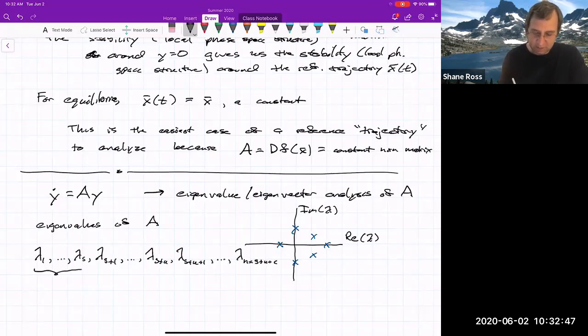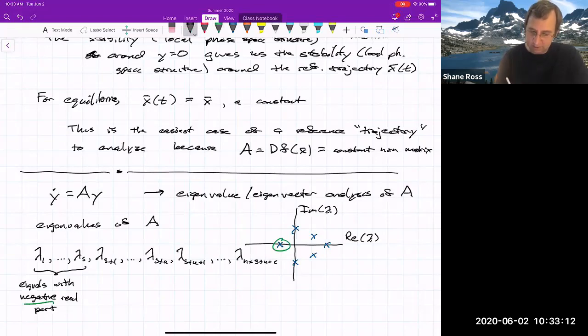So these first s lambdas are the eigenvalues with negative real part. So in this case, it'd be this one, negative real part.